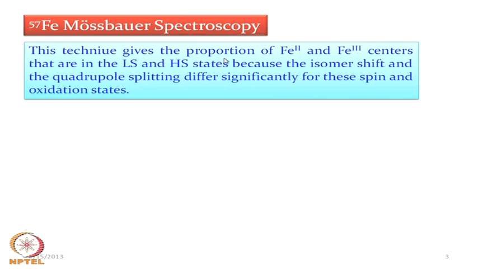The technique through this measurement gives the proportion of iron 2 and iron 3 centers that are in high spin and low spin states, because the isomer shift and the quadrupole splitting differ significantly for these spin and oxidation states.